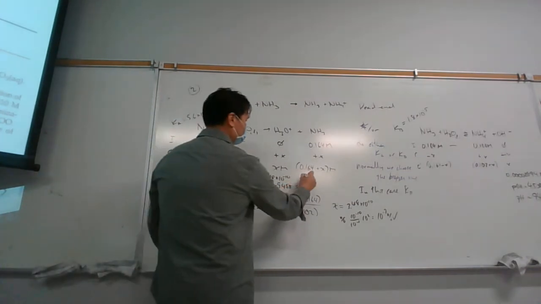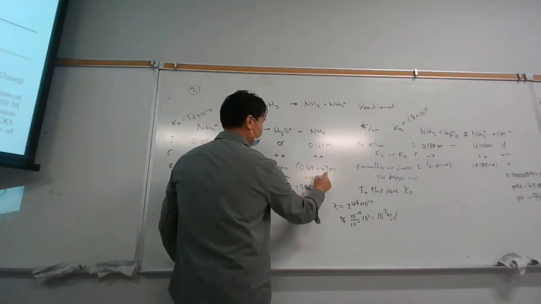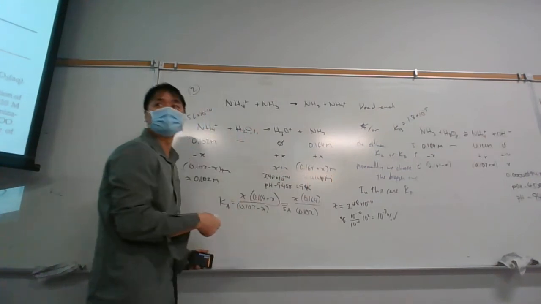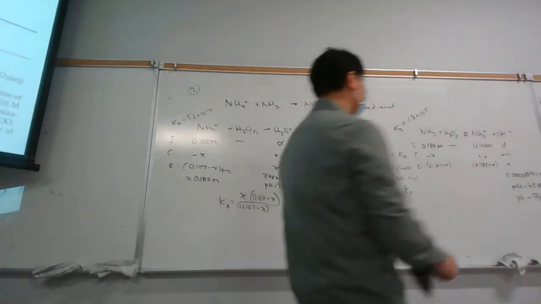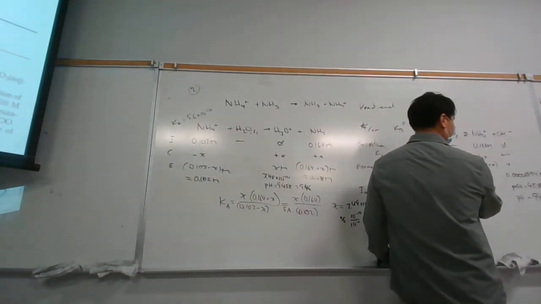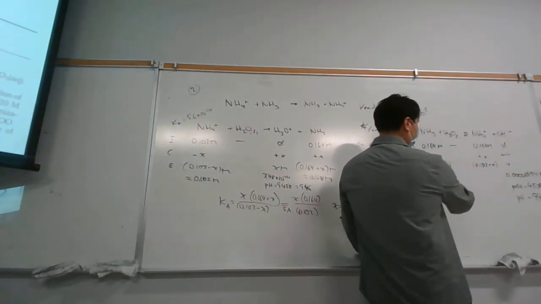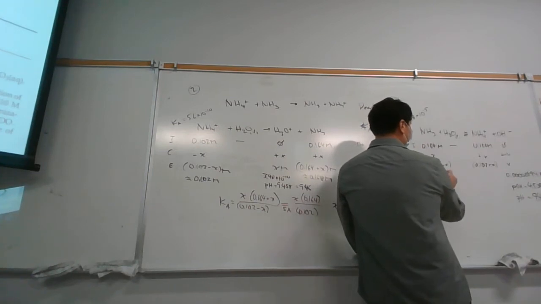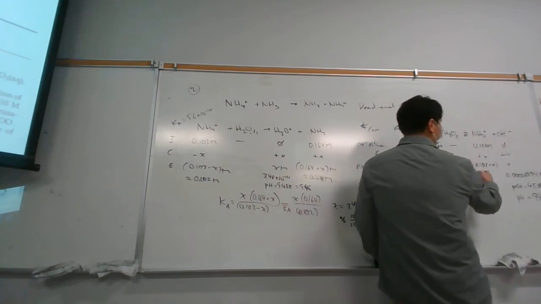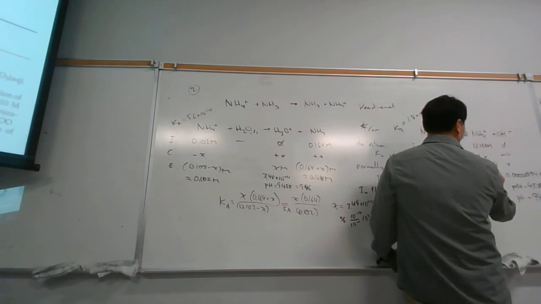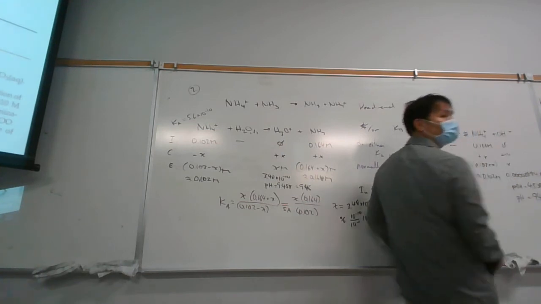This is going to be about 0.164. Because 10 to the minus 10 is not going to make much of an impact. Going over here, this is going to be about 0.164. And this is going to be about 0.102.